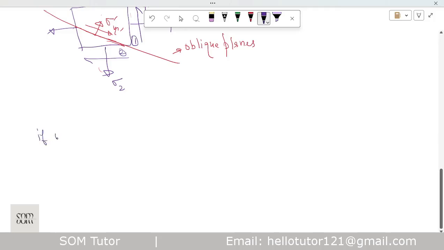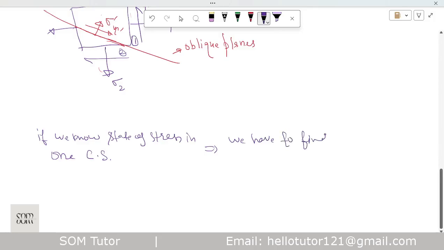If we know the state of stress in one coordinate system, we have to find the state of stress in another coordinate system. What do I mean by state of stress? It means to find the normal stress and shear stress.